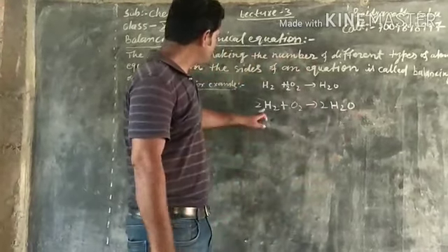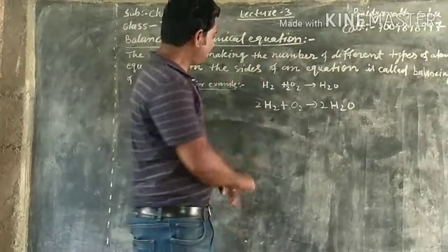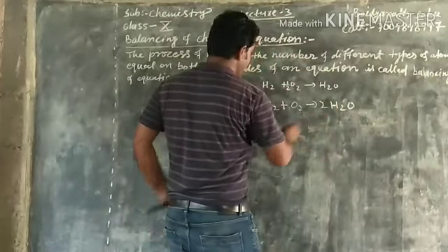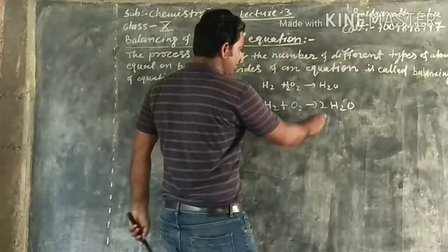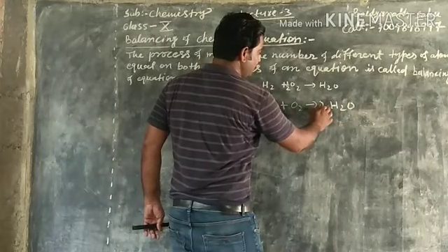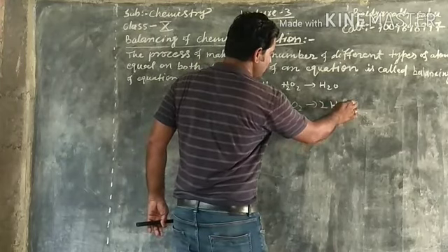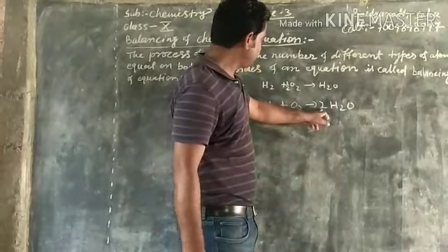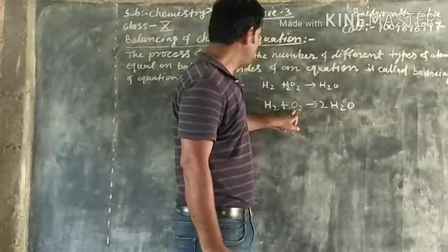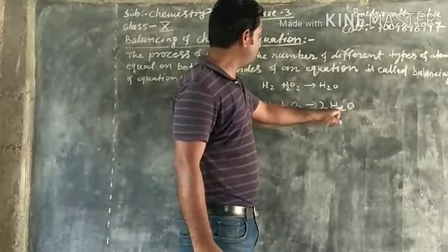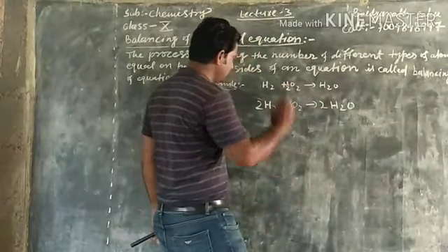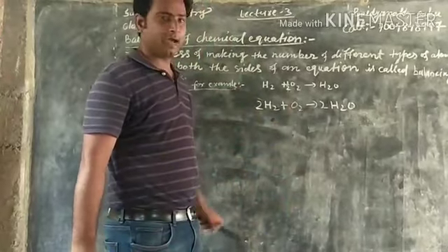If we multiply by 2 on the product side, then 2 is multiplied in H as well as in O. So on this side the number of oxygen atoms is 2, and here also 2. But now hydrogen becomes 4, so we have to put 2 on this side. Now this equation is balanced.